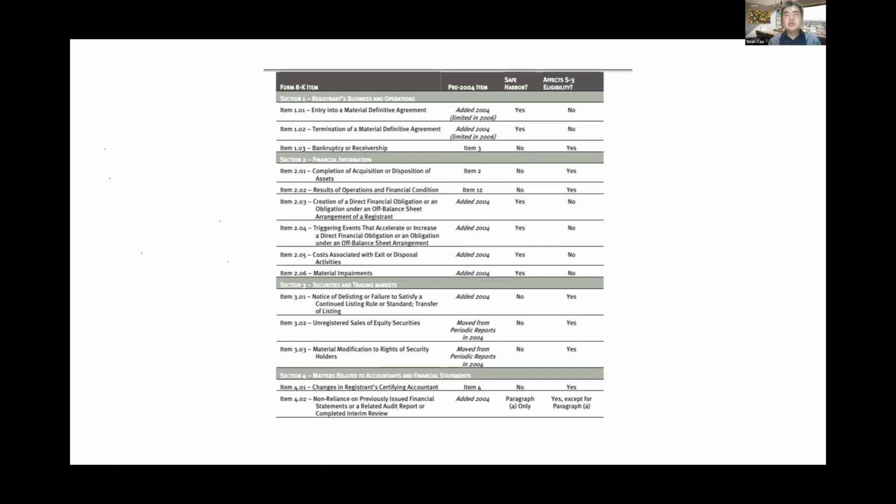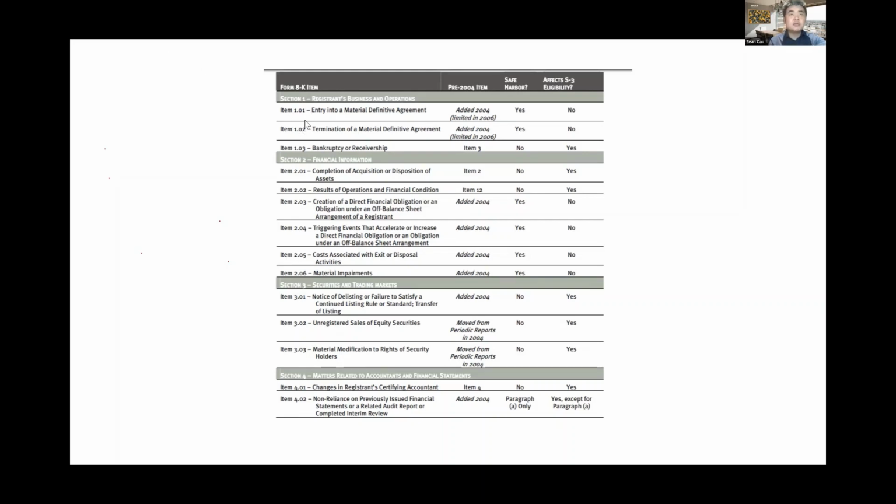The SEC wants the company to be more timely when they report the news. So this is about the change in the 8-K disclosure.